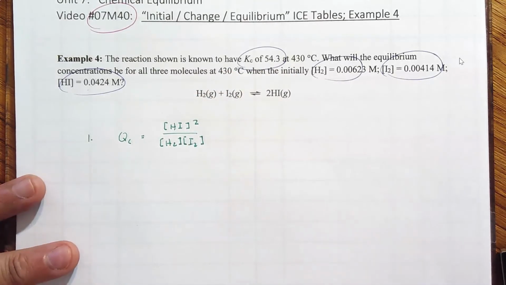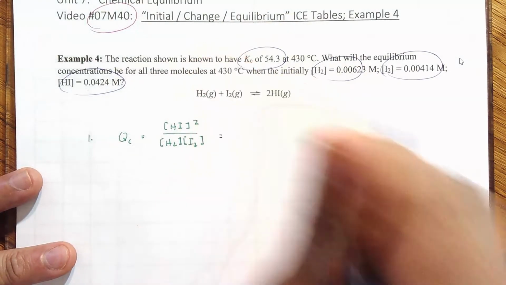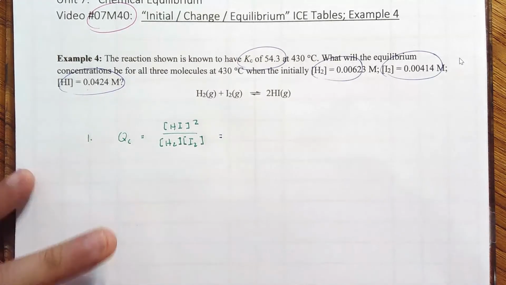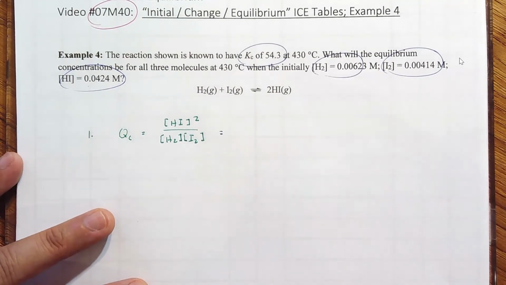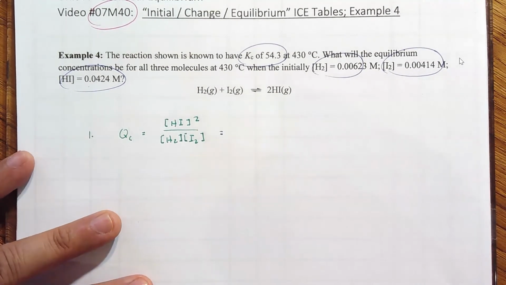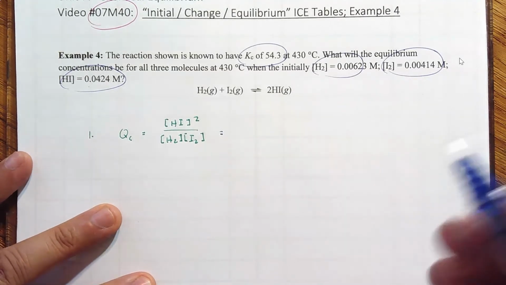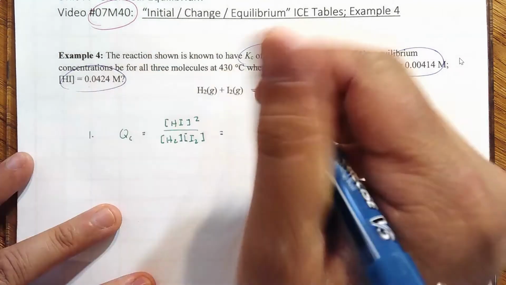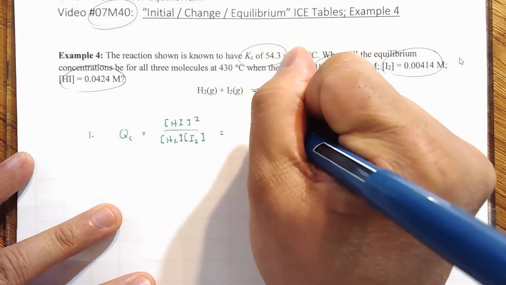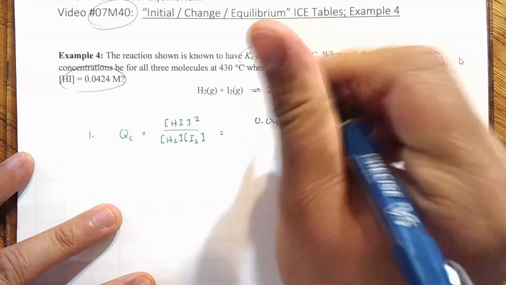Can you go ahead and plug in your numbers and figure out what Qc is? Okay, what I would do is plug in the numbers. HI, 0.0424.